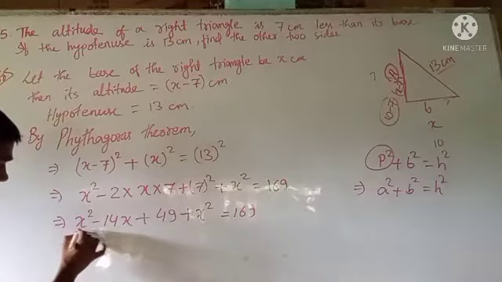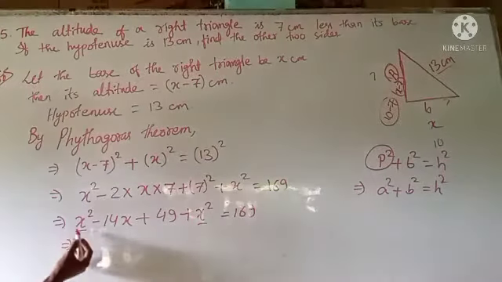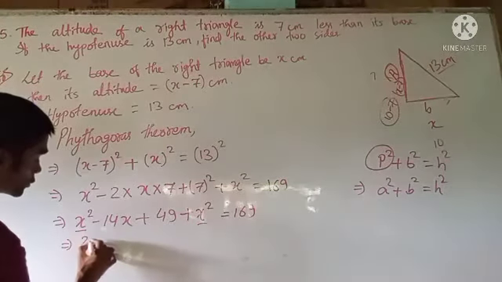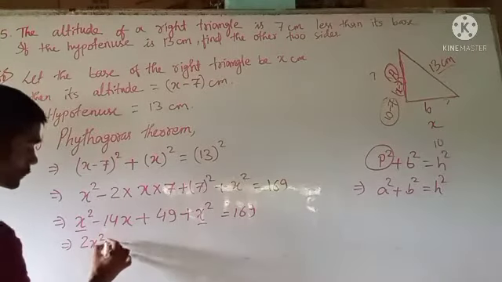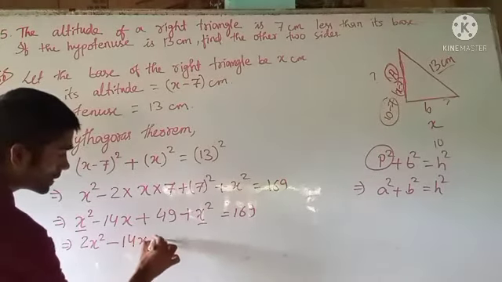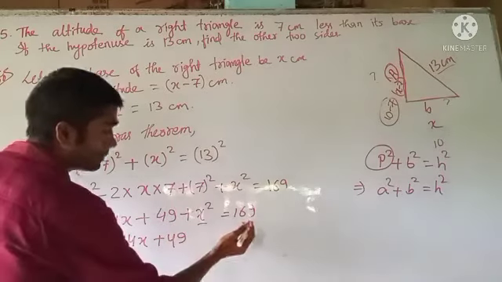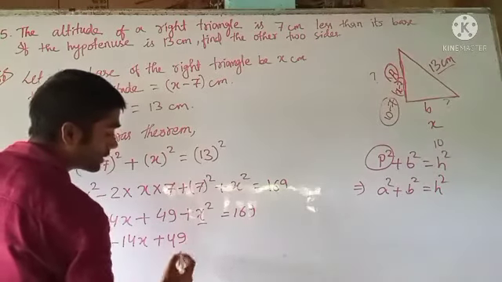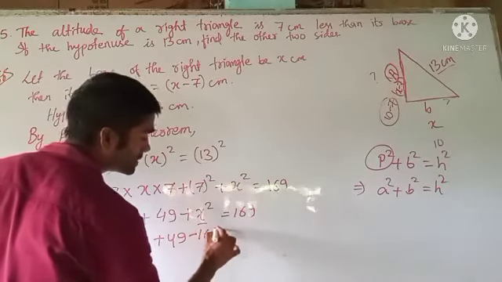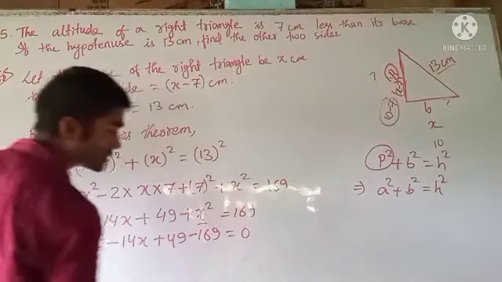Now x square and x square we can add. x square plus x square gives 2x square minus 14x plus 49 plus 169. When we transfer 169, it changes into minus 169 is equal to 0.